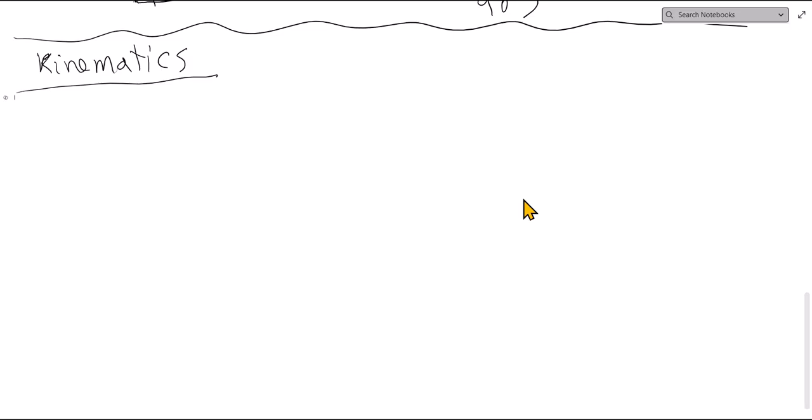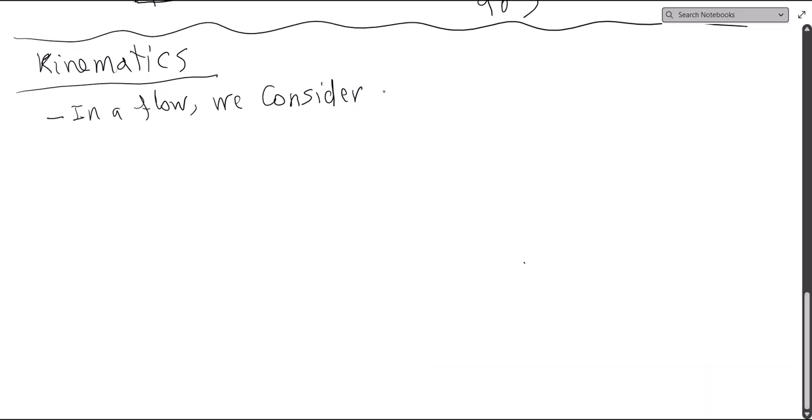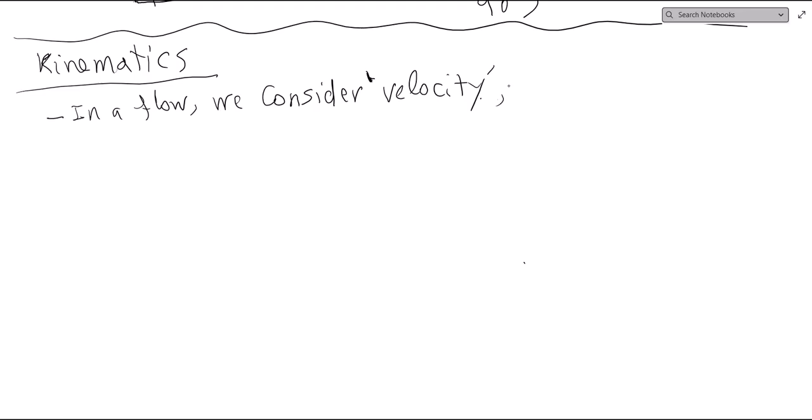Now, in a flow, we consider velocity in general, or the velocity vector, instead of displacement.